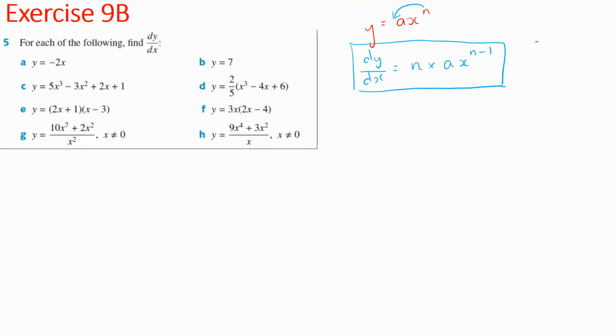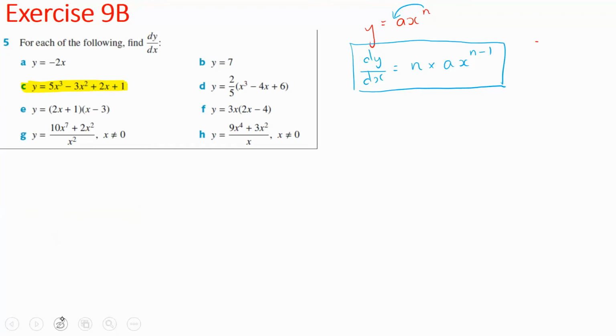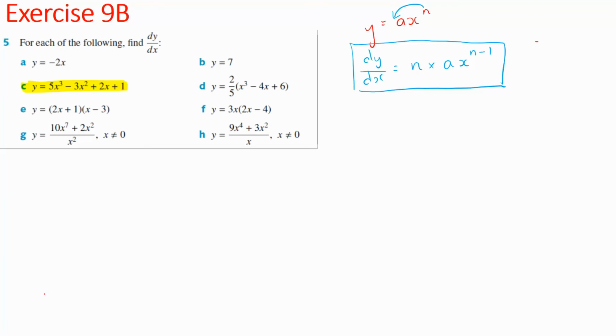Okay, so how does that apply to these examples here? Let's take this one. This one looks long, so you can see. Let's take each one of those and do them individually again. Last year, if you weren't paying attention and you were doing your biology, this is the time to redo the power rule.